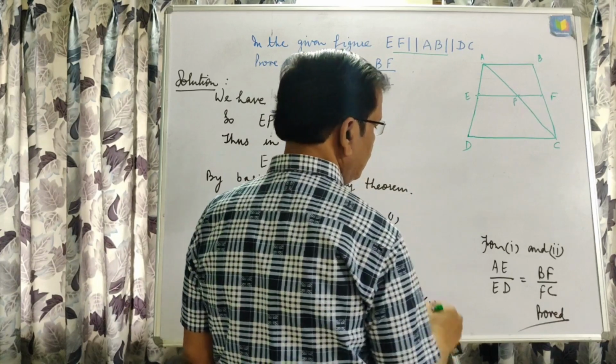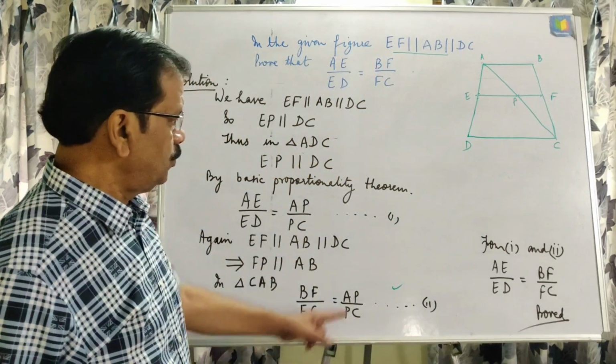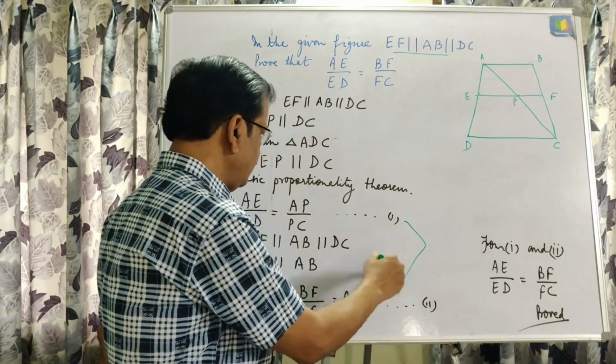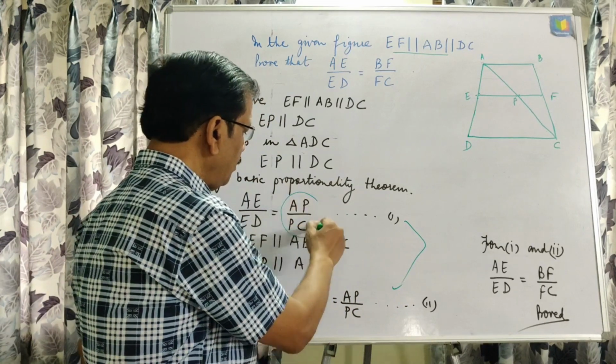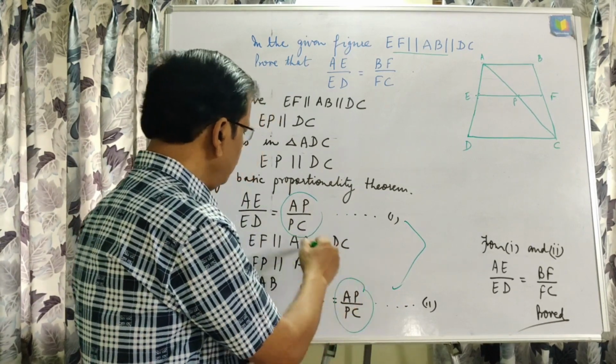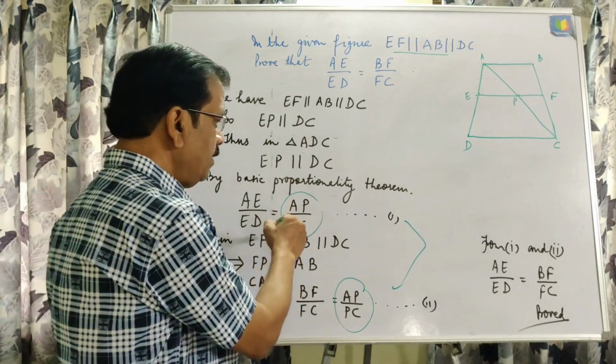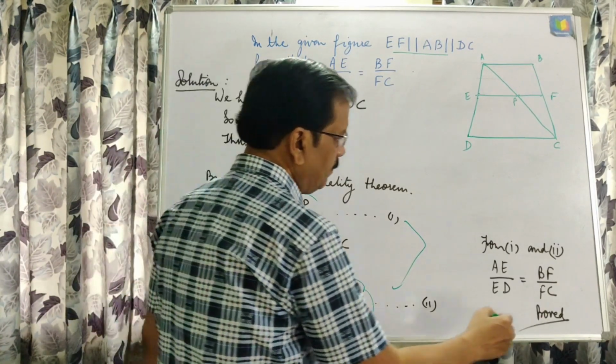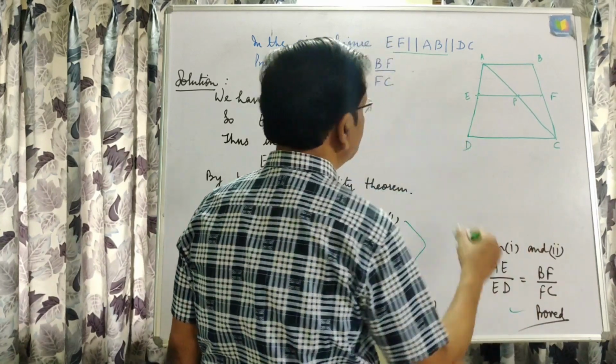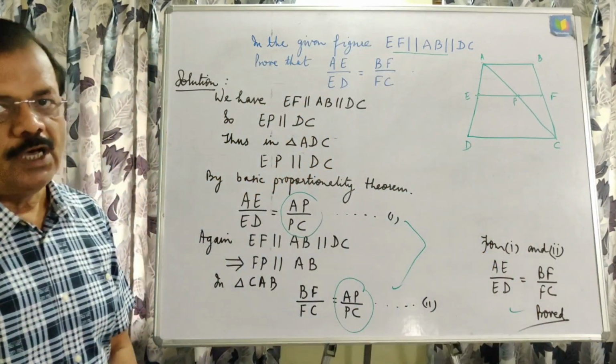This is the second equation. Now with the help of these two equations, first and second, we can see the right hand side AP upon PC is the same, so the left hand side can be equated, that is AE upon ED is equal to BF upon FC, which is what we have to prove. Now next question.